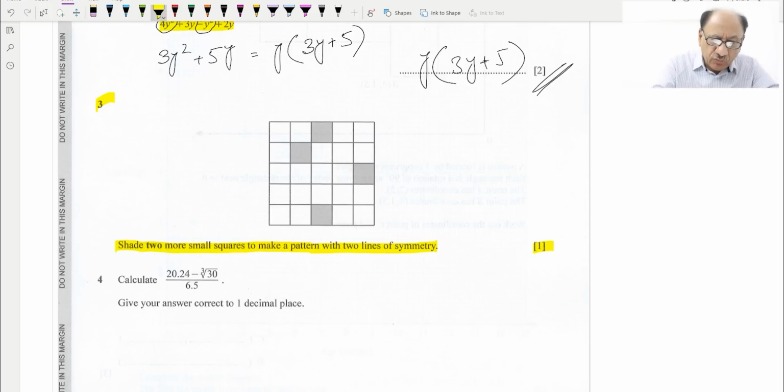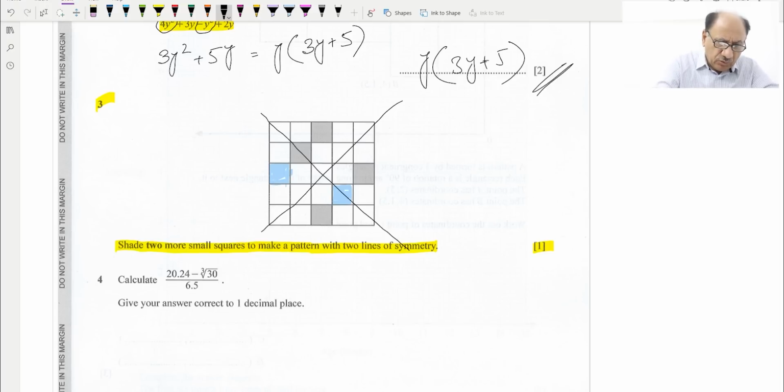So what we can do is shade this box, this rectangular box and this box, so that it has 2 lines of symmetry. One line of symmetry will be this one, and the other line of symmetry will be this one. You can see the drawings are symmetric on both sides.